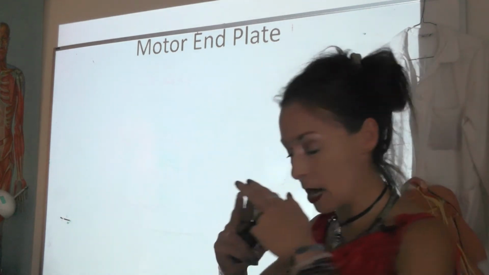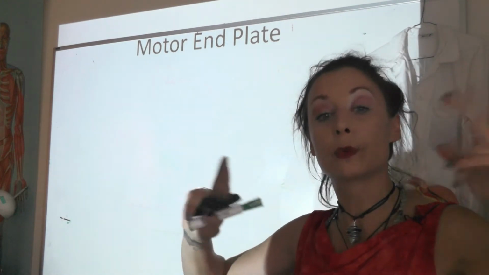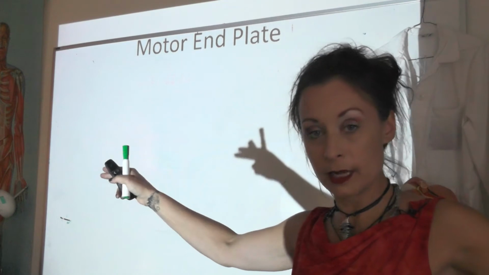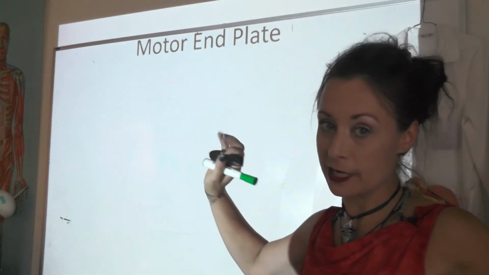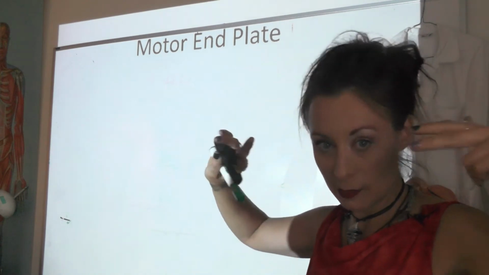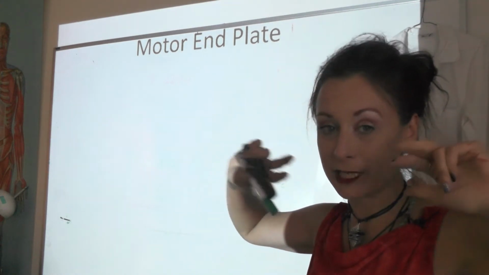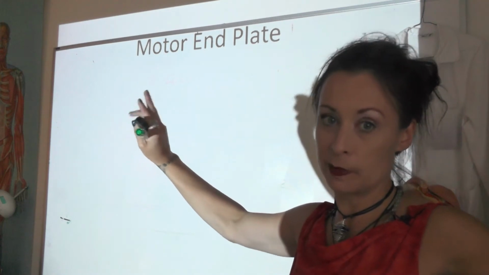We conduct down away from the motor end plate in both directions. So this is important. In the resting membrane potential, there's not an absolute refractory period in skeletal muscle like there was in neurons. The resting membrane potential of our muscle fibers is the equilibrium potential of potassium.